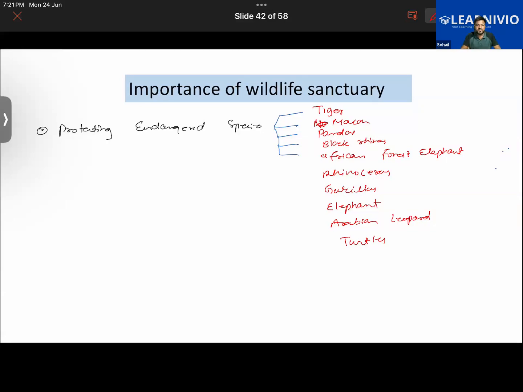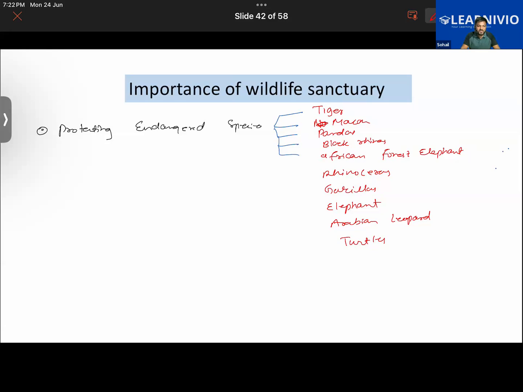Also, due to climate change, their nesting sites are being destroyed and their population is under threat. So different species of turtles are now being classified as endangered. Hope you guys are getting it.